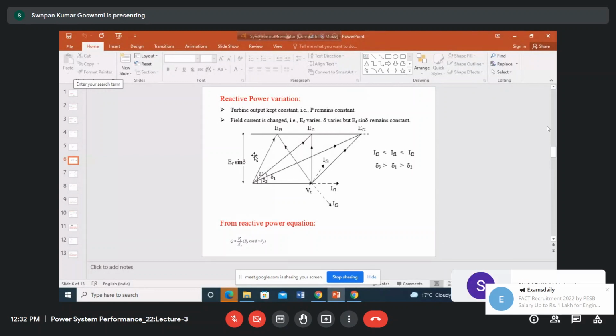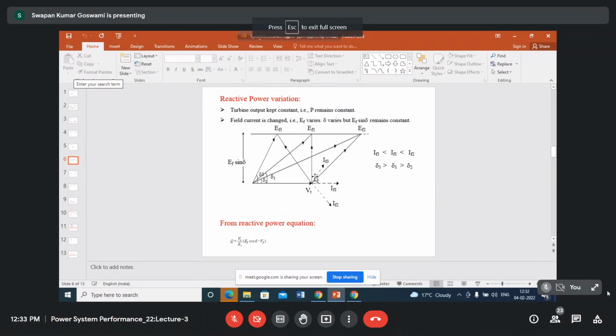And if you reduce the field current, then what happens? You see that in that case, delta increases, this becomes a vector jIA3 XS, and this becomes the vector IA3. So this armature current is now leading the terminal voltage.